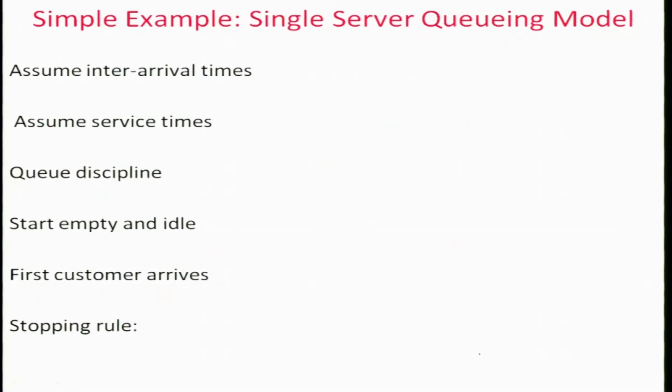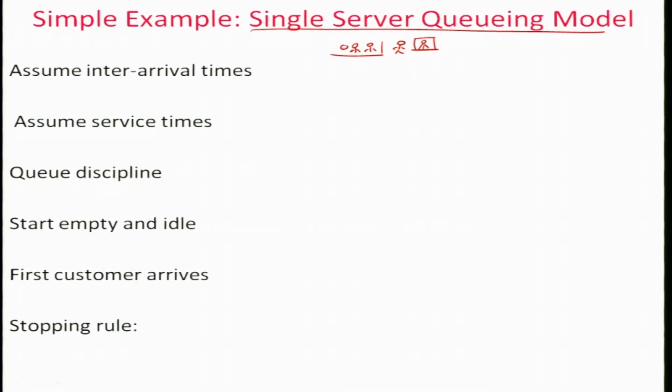Now, in the simple example that we were promising, the single server queuing model, we discussed earlier that we will work on this and do a hand simulation of it, so that we can understand how the system works. A single server model, as I drew earlier, has one individual serving here, and entities waiting to get served, people in the queue.